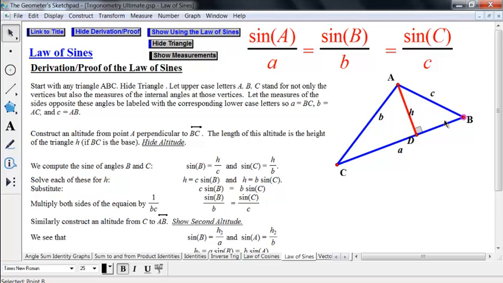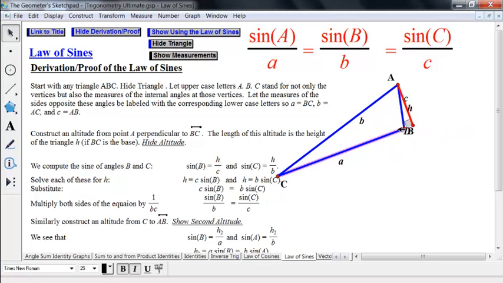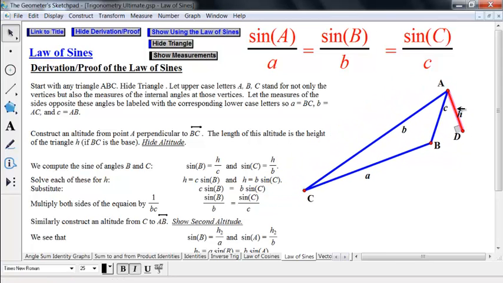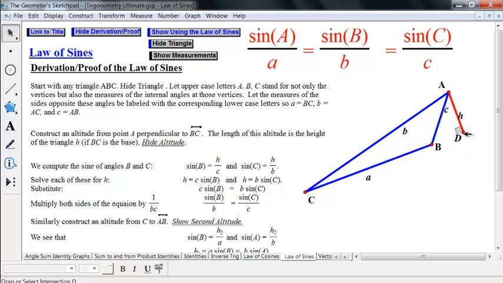Now, let's take a look at this and see. Let's look at the sine of angle B. Sine of angle B is h over c, as we can see from this picture. Let's look at the options here. In one situation, angle B is an acute angle.